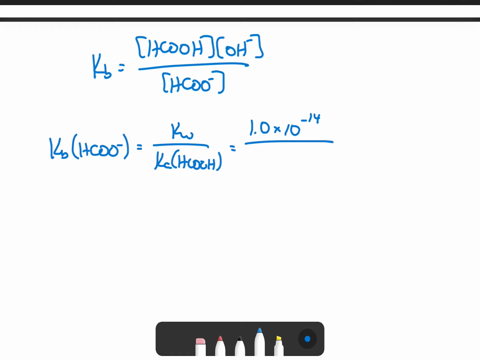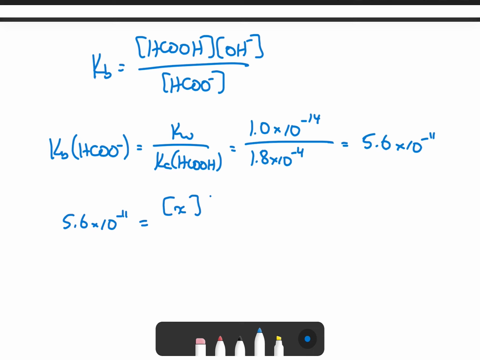We can see that the Ka for HCOOH is equal to 1.8 times 10 to the negative 4. And solving for the Kb, we find that it's equal to 5.6 times 10 to the minus 11. Now let's bring this into our Kb expression, and we'll substitute all of our variables in.